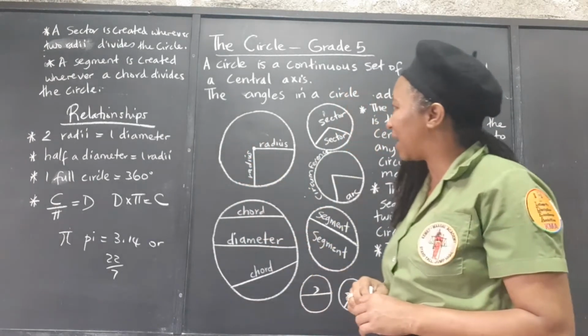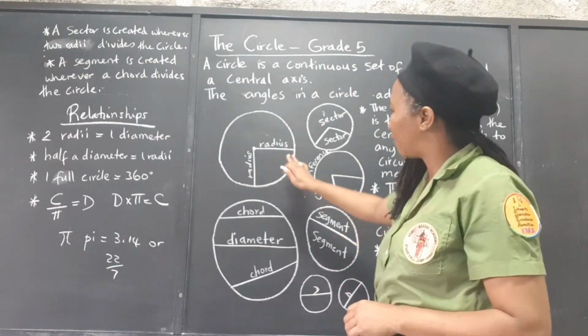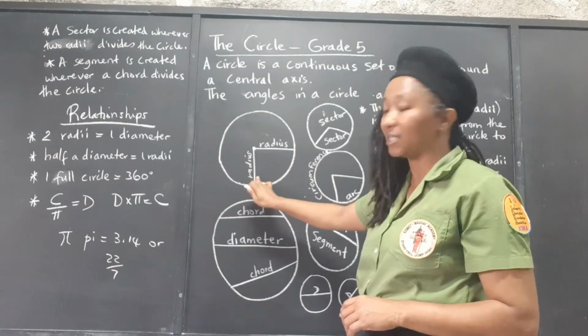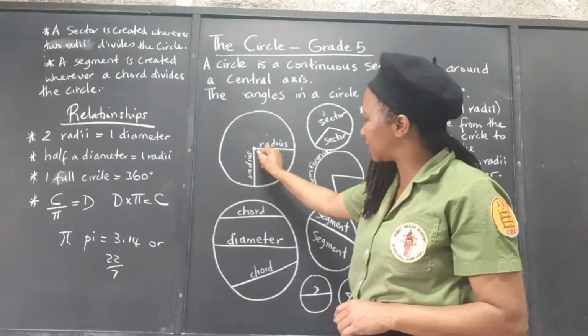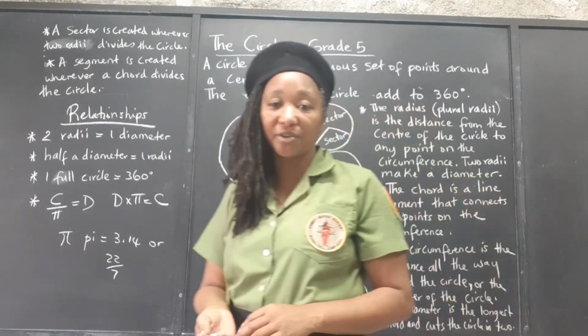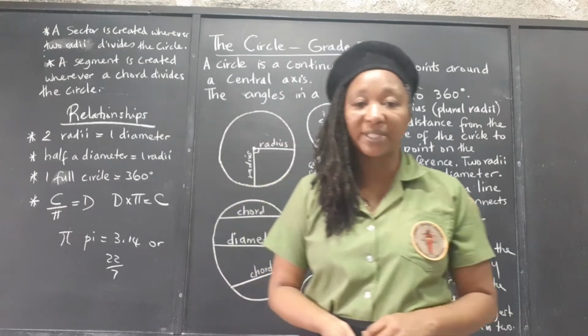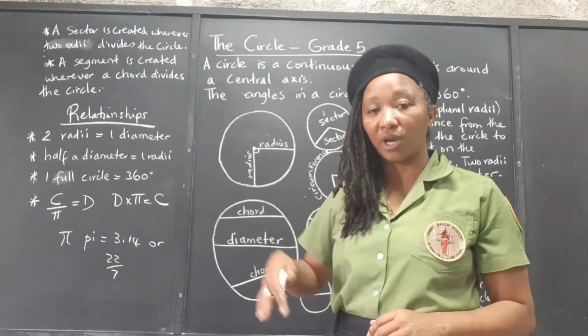Right, so we can divide the circle into quadrants. So for example, this would be one quadrant or a quarter of the circle, and that would be 90 degrees. Right? Two quadrants would be 180 degrees, three quadrants 270 degrees, and so on. So we keep adding 90 degrees all the way around.